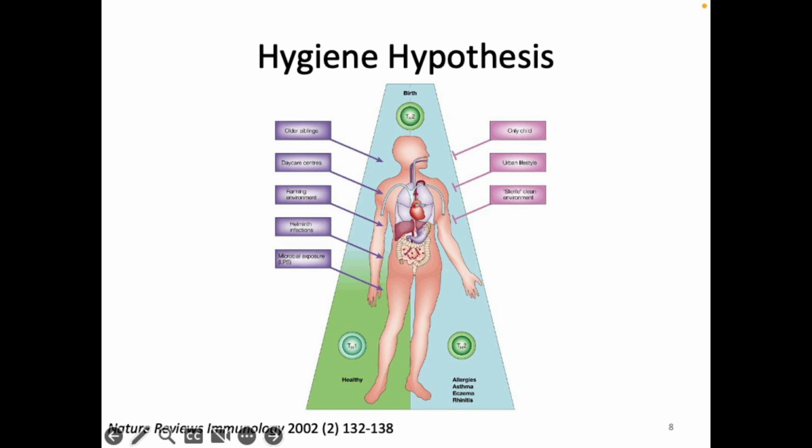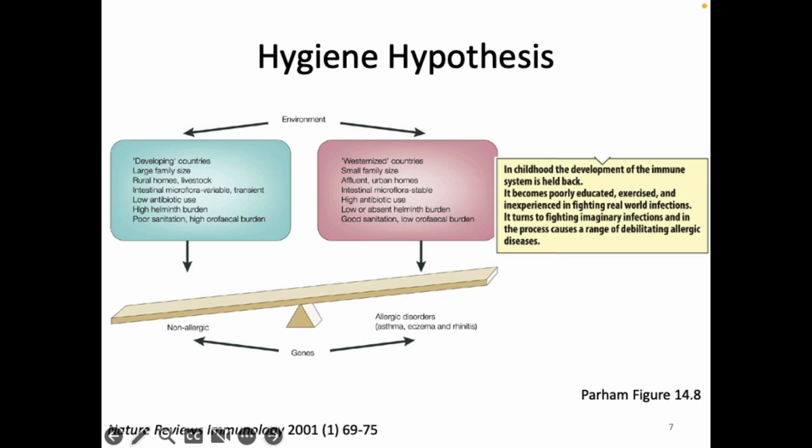kind of led to the way the original hygiene hypothesis was described. The idea with the original hygiene hypothesis is that if you are in one of these situations where you have the small family or the westernized country, your immune system doesn't develop correctly because it doesn't see the right microbes.